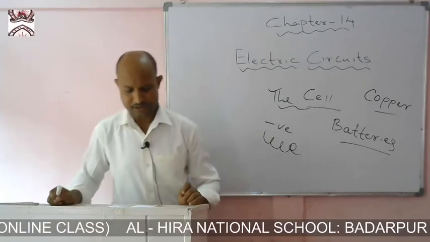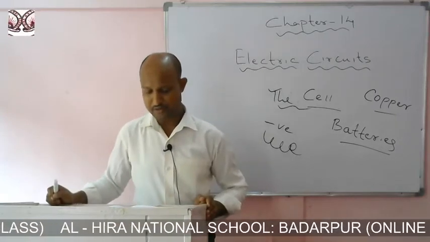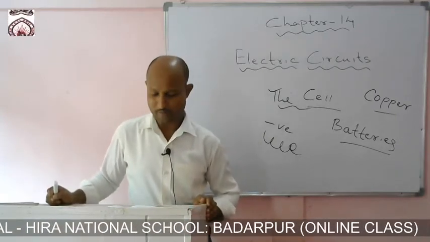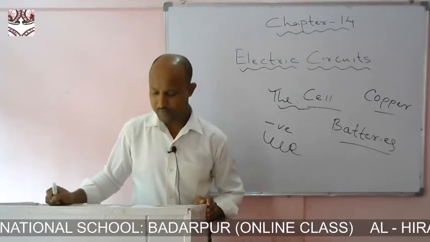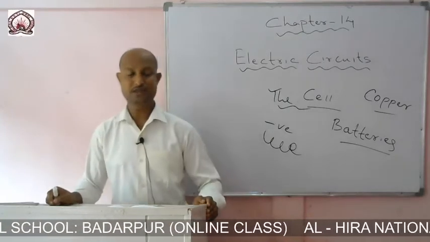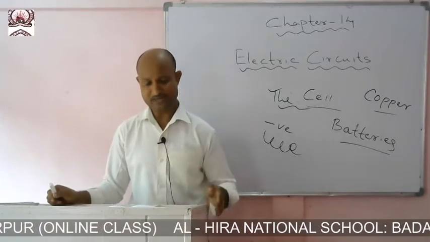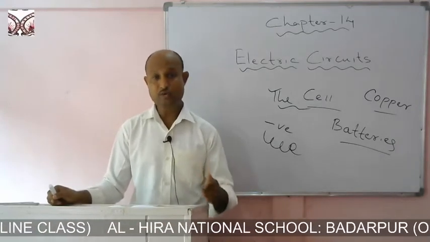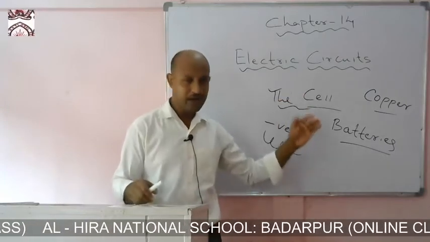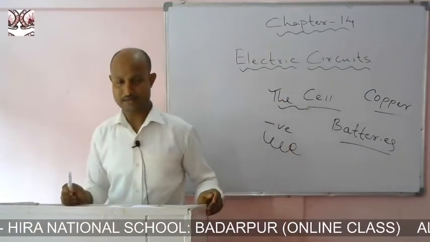Graphite is an exception, made of carbon, and is considered a conductor because it can allow the flow of current to some extent. But it is not as good a conductor as silver and copper.